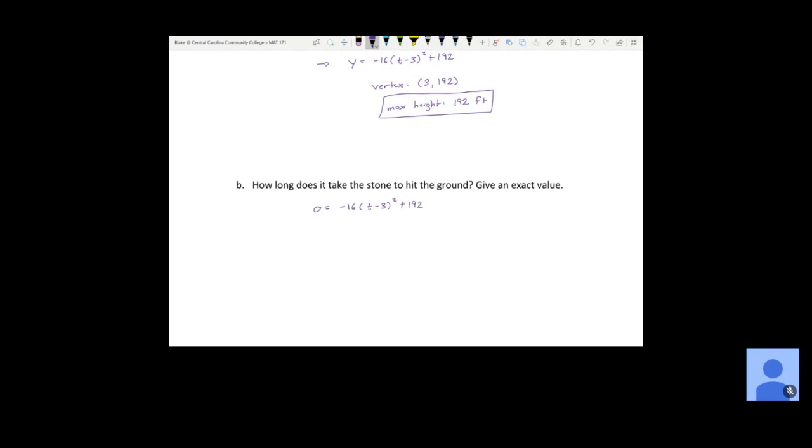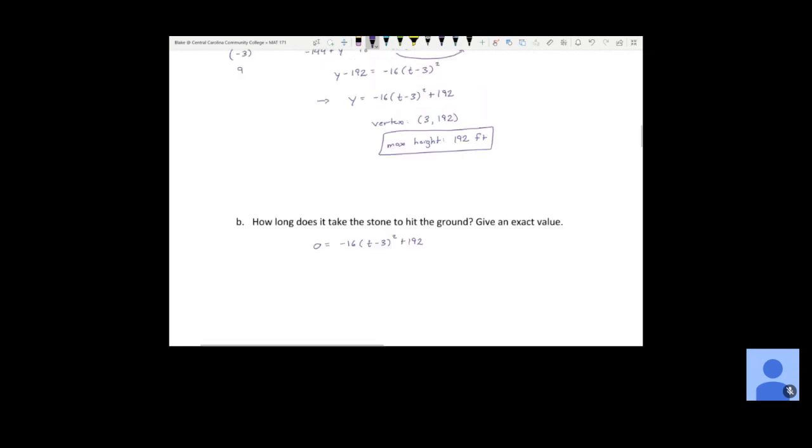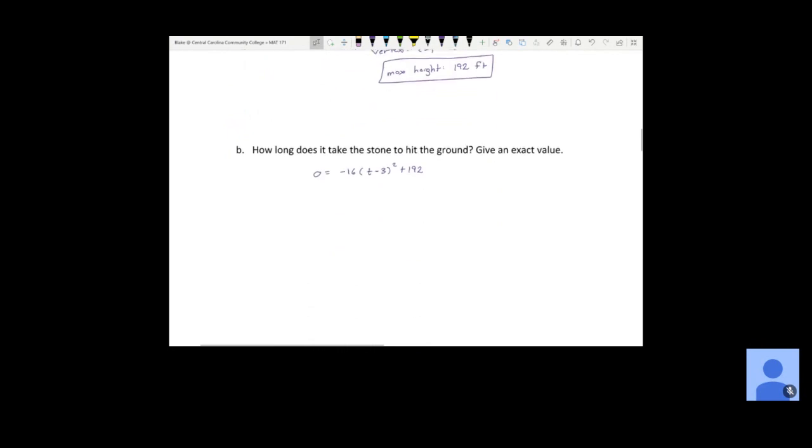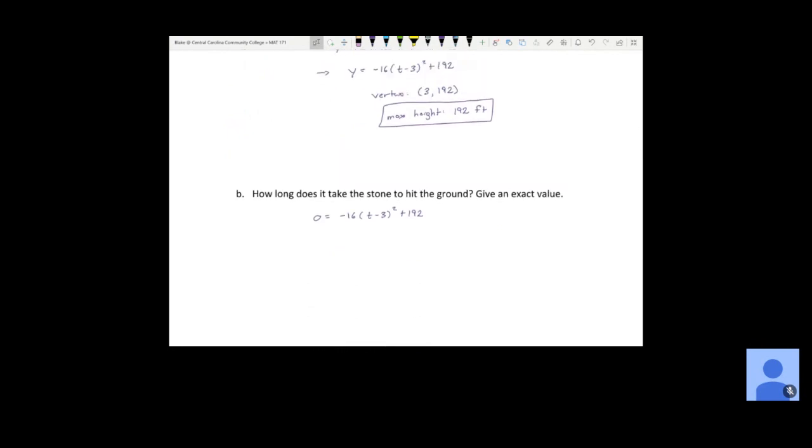And I'll tell you that with those numbers that you started with, quadratic formula is going to get pretty nasty, right? Because the numbers are going to get really big really fast. And so that's why I'm saying it's probably easier, since we already know that standard form, just to set the standard form equal to 0 instead. Okay. Now, if I want to solve this for t, what would be our first step?